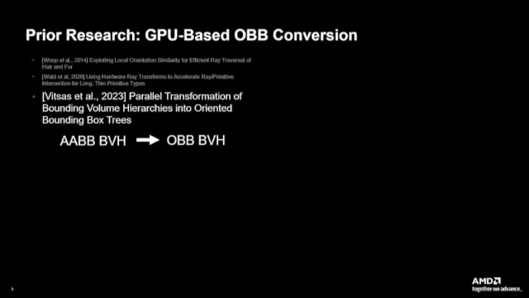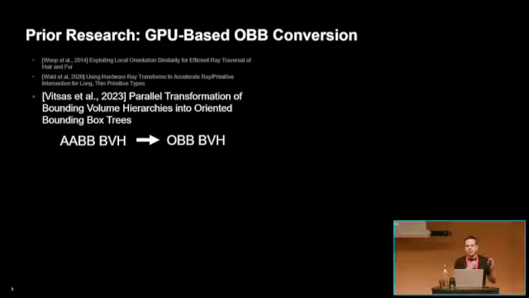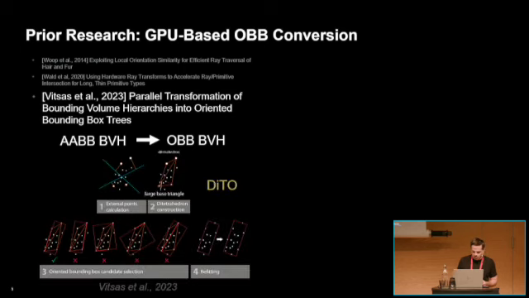Prior research based on that: there is a lot of work in terms of looking at hair and fur or long thin primitives. One interesting idea that caught our eye was the work by Reyes et al., where we have a parallel transformation of BVHs into OBB trees. And the nice trick is that they took an existing AABB-BVH and transformed it directly to an OBB-BVH by using the existing topology.